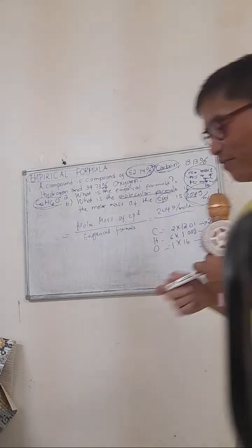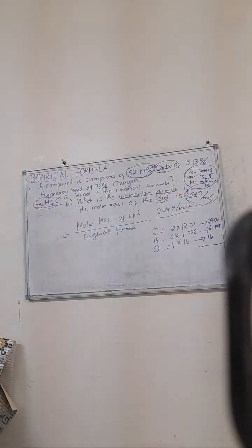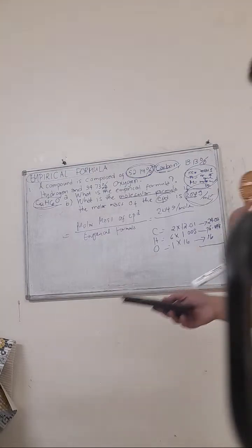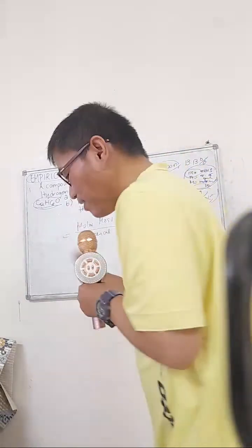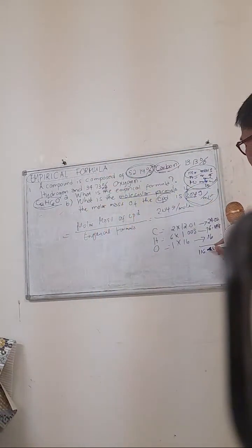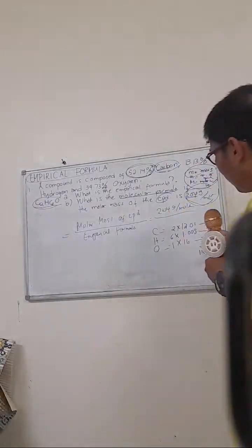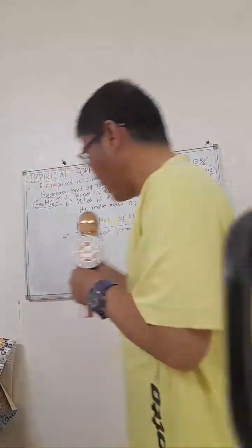Sometimes I laugh at myself because of this. 24.02 plus, oh, it's crazy, right? 76, right? Also, guys, my weakness is my penmanship. I have good penmanship in letters, but the numbers are not really good. As a professional, you discover your weakness.